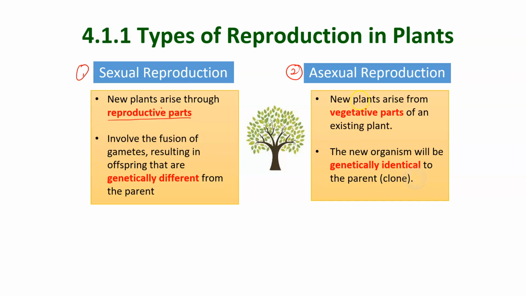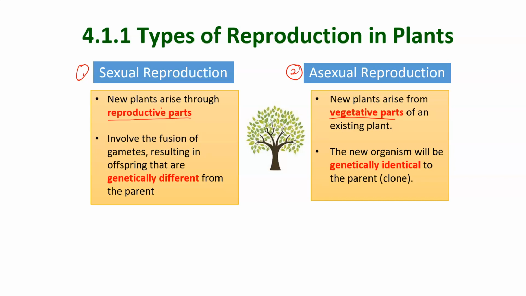For asexual reproduction, new plants arise from vegetative part of an existing plant. Examples of vegetative part are rhizomes such as in turmeric or ginger, or tubers such as potatoes.